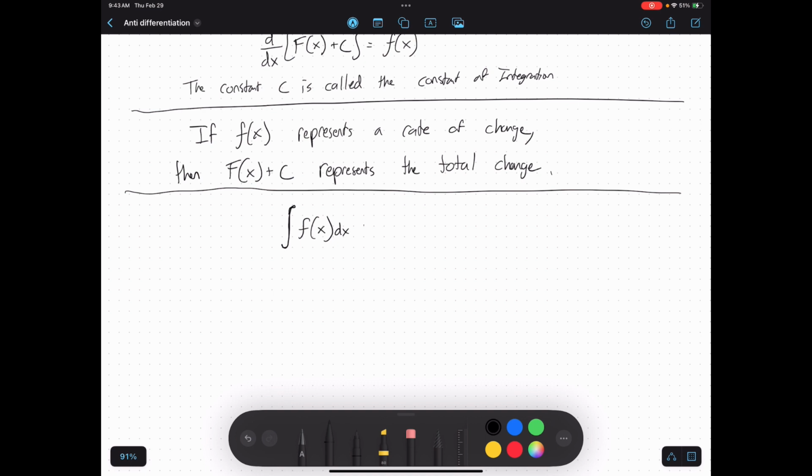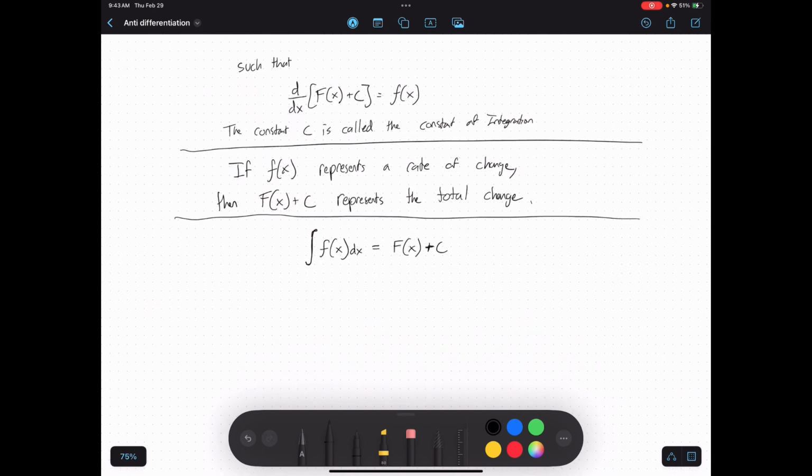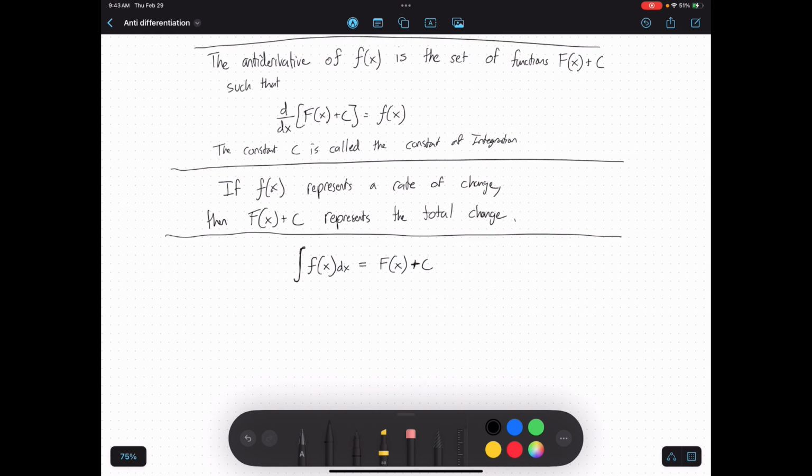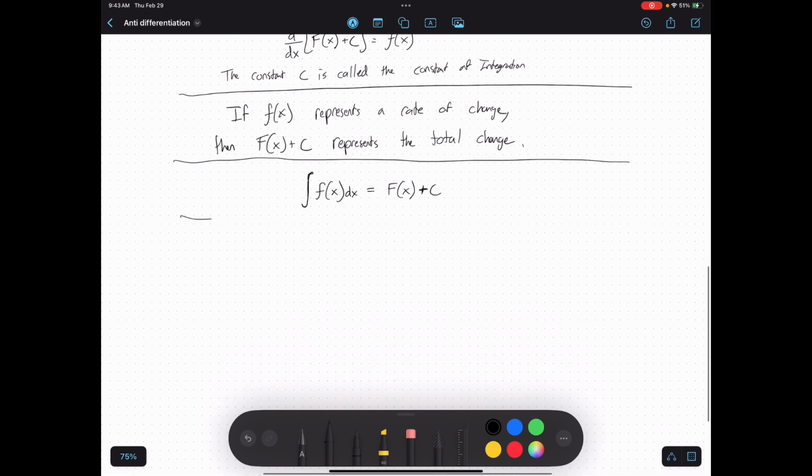But if I take the antiderivative of f of x, I get capital F of x plus c, right? I get my set of antiderivatives. So that really skinny s is how I notate these antiderivatives. That's going to help us when I start coming up with these rules. Okay, so let's come up with some rules for antiderivatives.